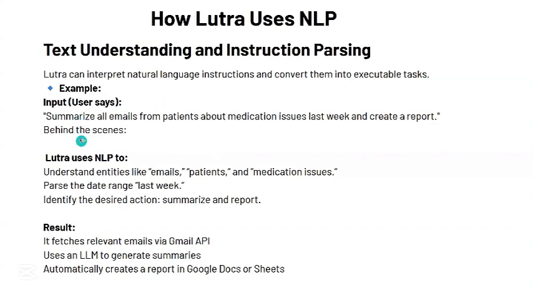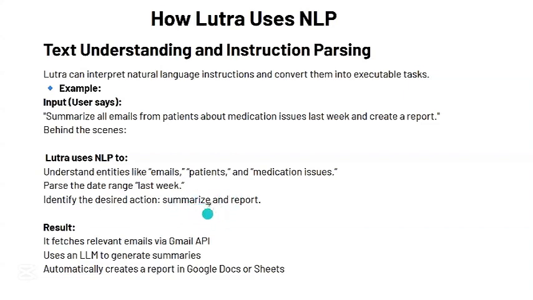As an input, the user says, summarize all emails from patients about medication issues last week and create a report. Behind the scenes, Lutra uses NLP to understand entities like emails, patient, and medication issues. It also parses the date range. When you say last week, it can understand what last week is. So it identifies the desired action.